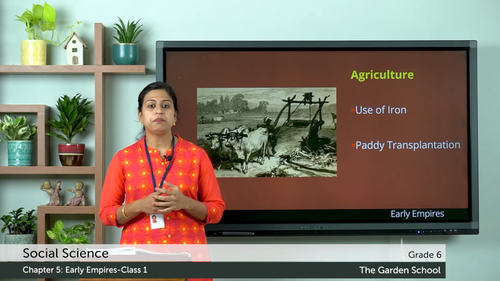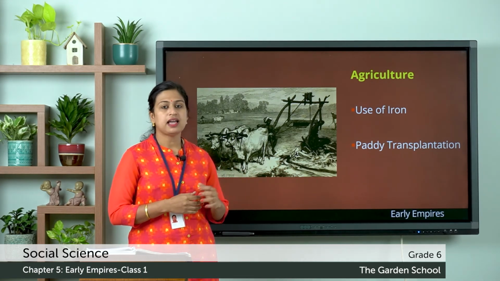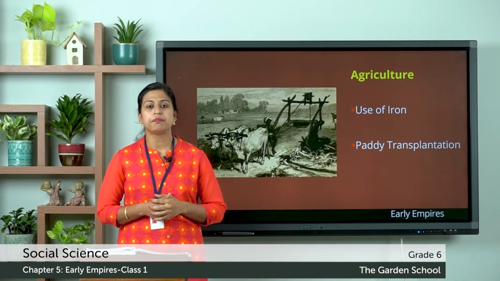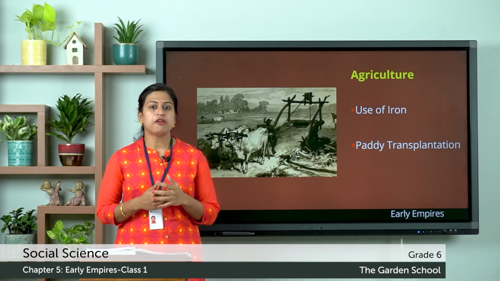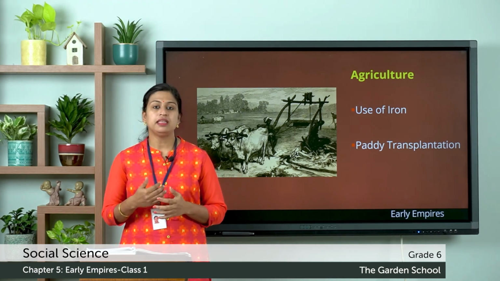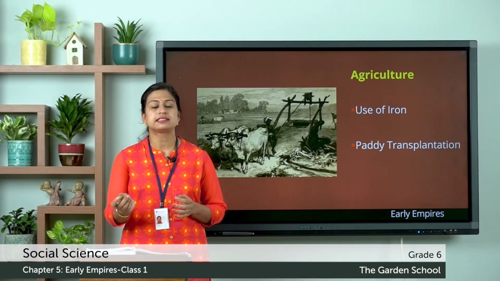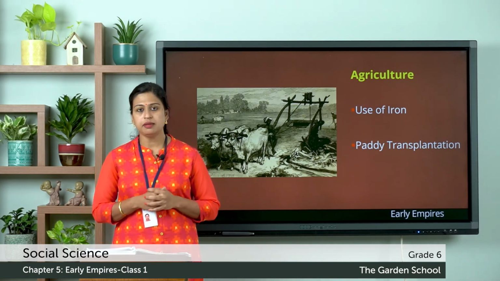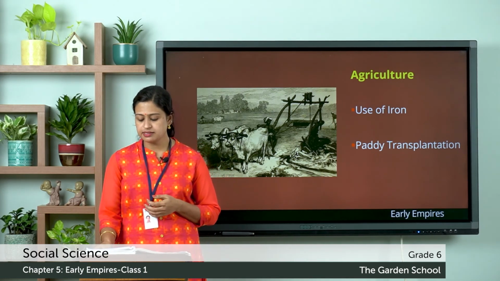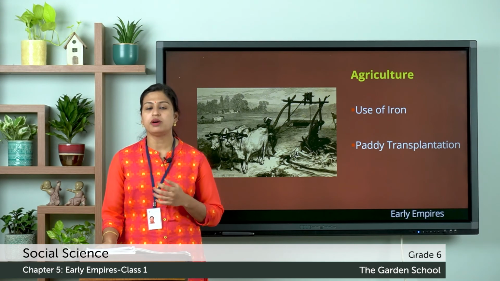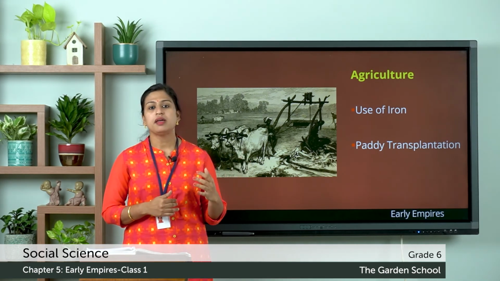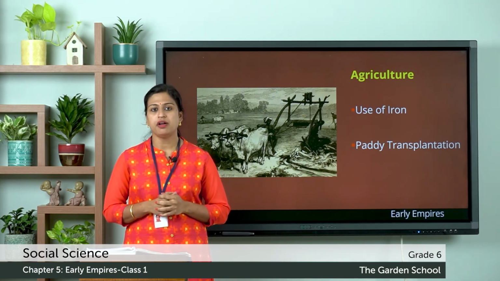So here the people learned this technique, that is the growing of saplings and then planting them in the prepared field, rather than scattering the seeds. So here the people also used the dasas and the karmakaras, that is the laborers, for working in the field. And because of these two technologies, there was an increase in the production of grains.